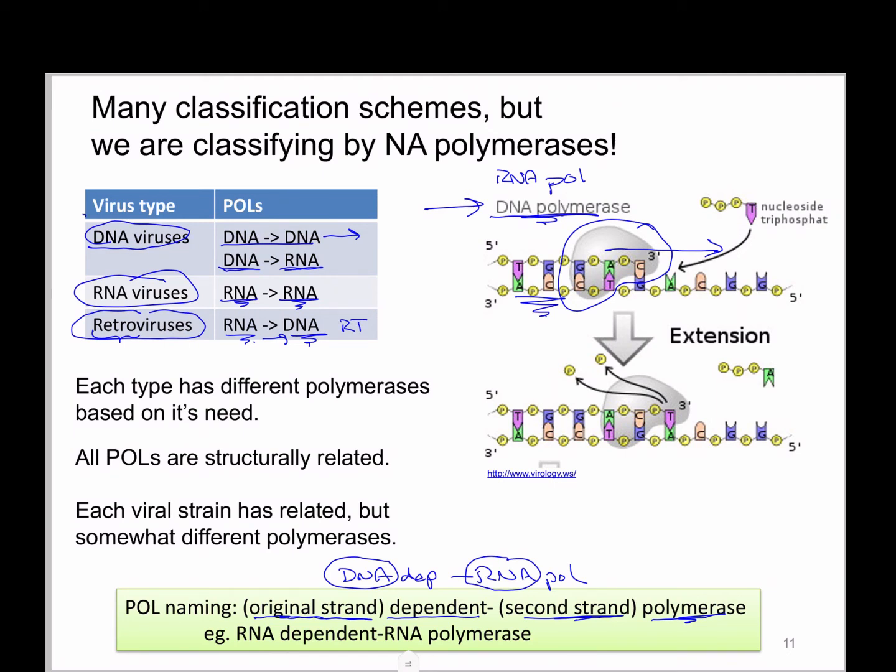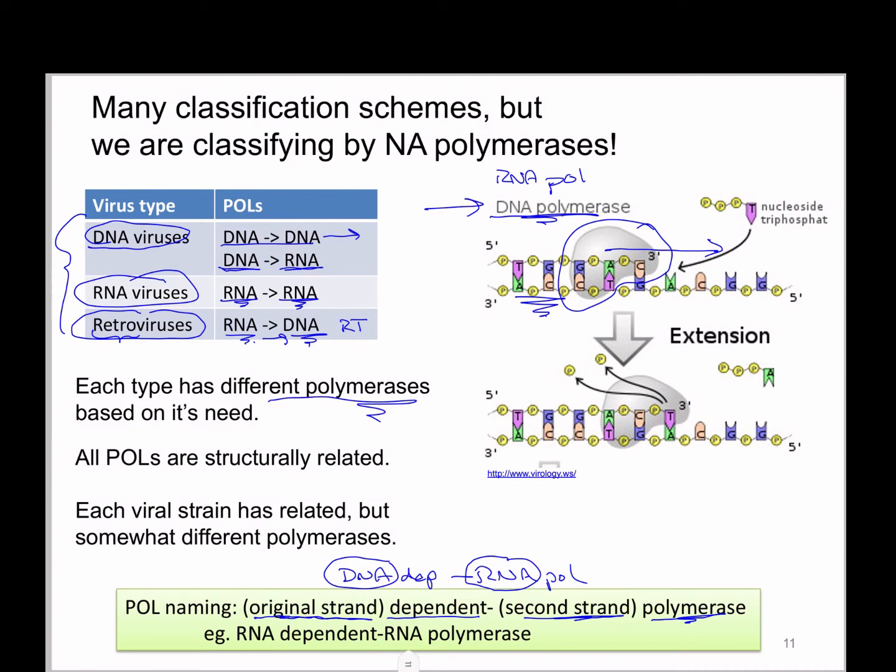So each of these three virus types is going to have different types of polymerases depending on what it needs to do. Evolutionarily, all nucleic acid polymerases are related. So the polymerases in bacteria, the polymerases in our cells, the polymerases in our mitochondria, and the polymerases in these viruses are all related to each other.